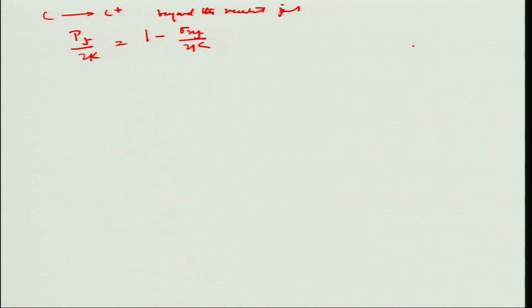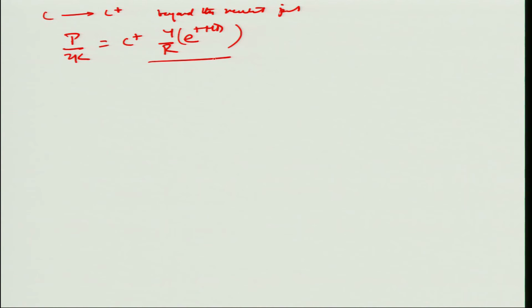You know that beyond the neutral point the constant is going to be C plus, and if I write the expression for the pressure, P by 2K becomes equal to C plus Y by R e to the power of plus mu lambda. Because the friction is now a disabler, the value has to be plus mu lambda, and the constant of integration is C plus, as I had earlier mentioned.